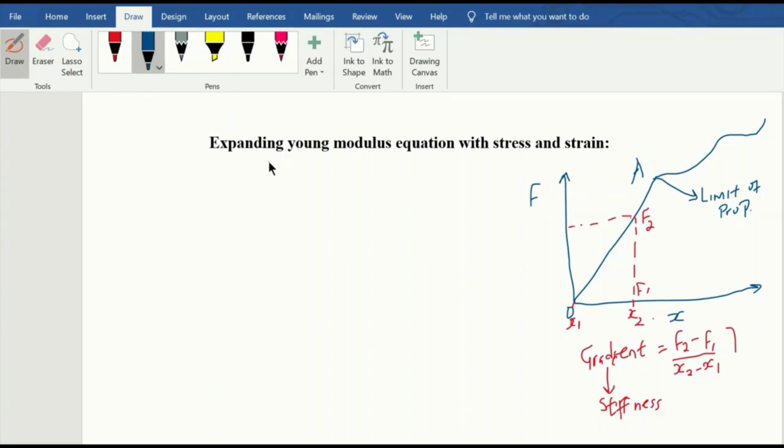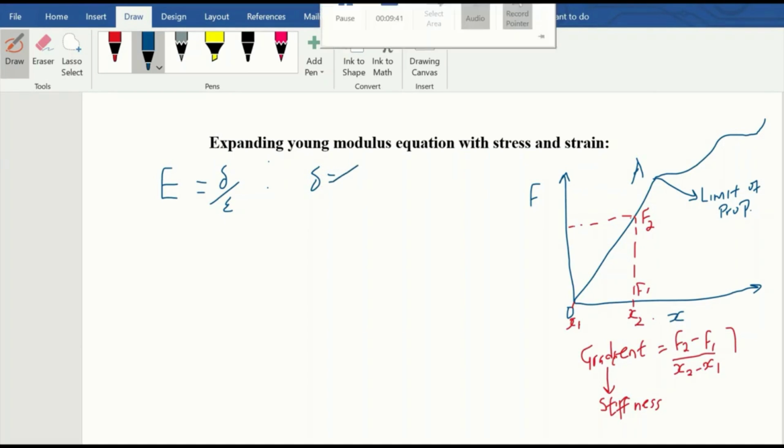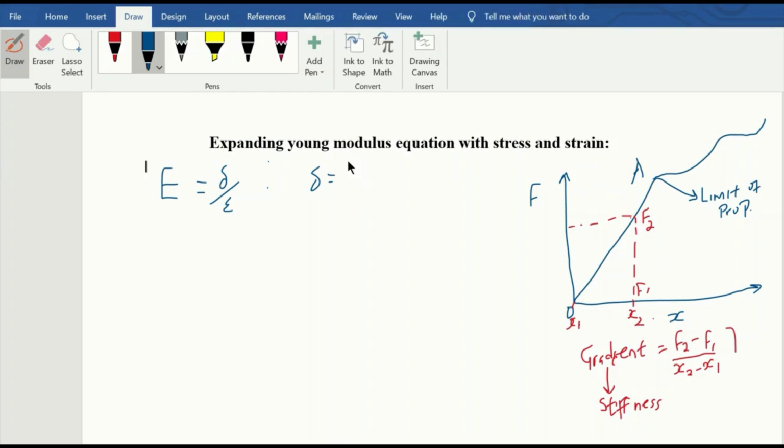Now, let's derive an equation for Young modulus that we can use to solve questions. We know that the Young modulus is equal to stress over strain. In our previous classes, we learned that stress is equal to force over the area, and that the strain is equal to the extension over the original length.